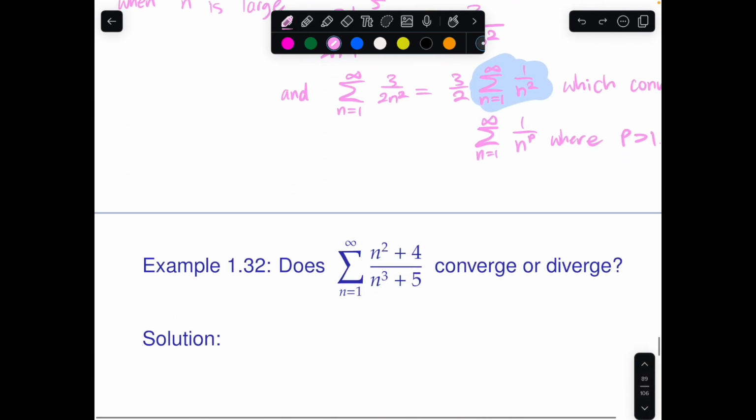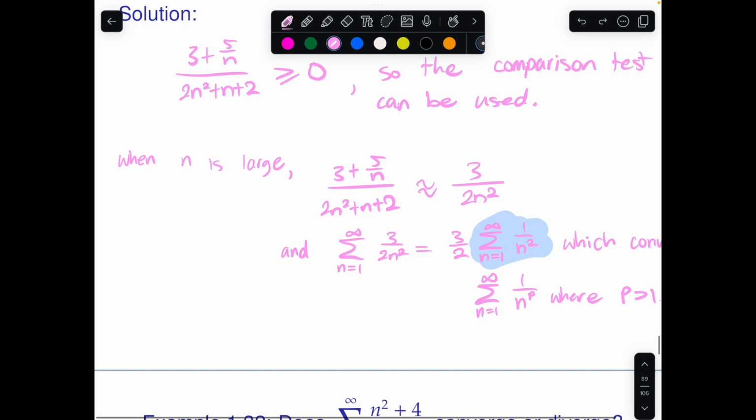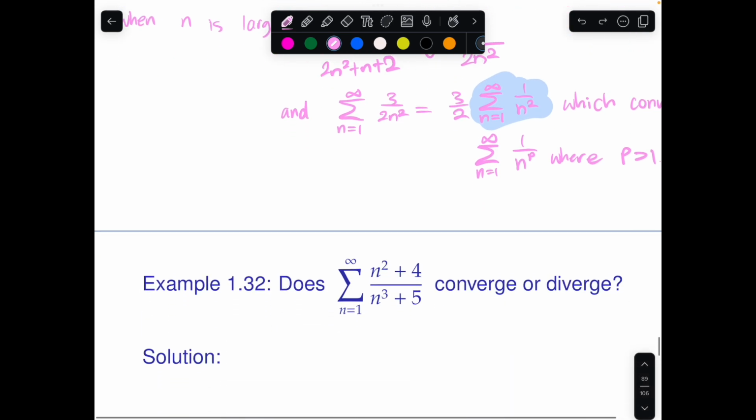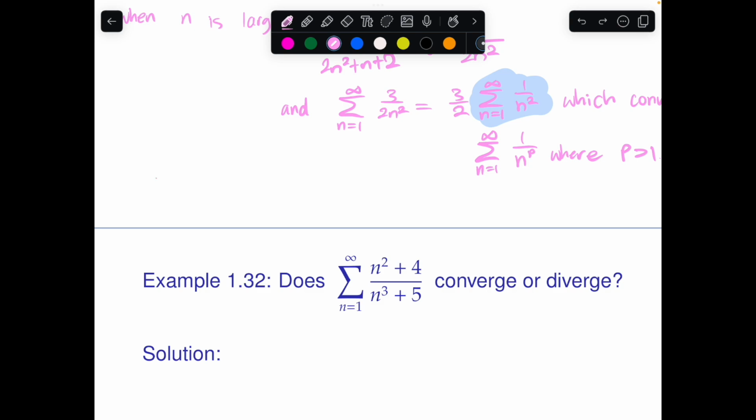So to find that blue line, sorry, I don't have much space here, we're going to use inequalities. So we start off with our original function, (3 plus 5 over n) over (2n squared plus n plus 2). And we can say that is less than or equal to if we make the denominator a smaller number. Since n plus 2 is always positive, if we take that out, it's going to be a smaller denominator, which means a bigger overall number.